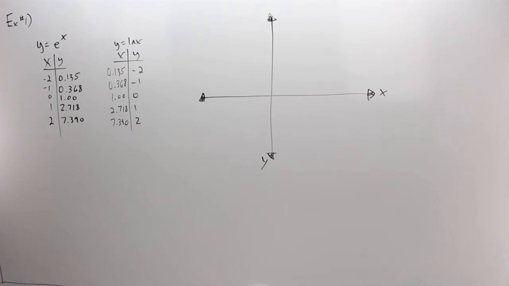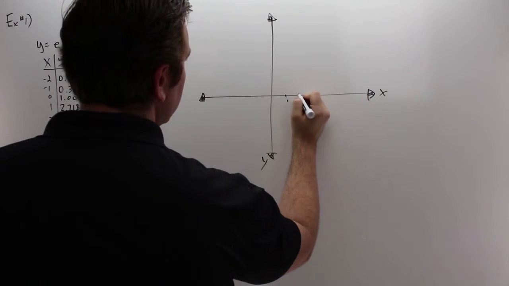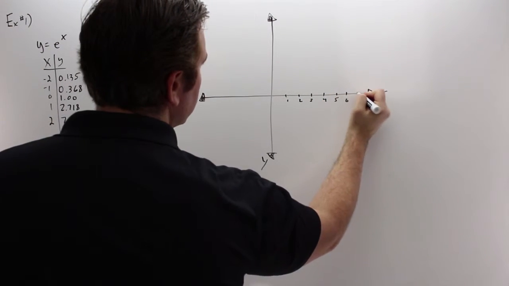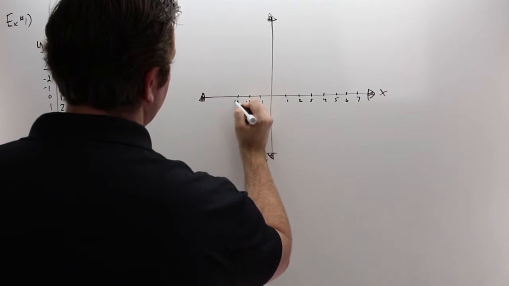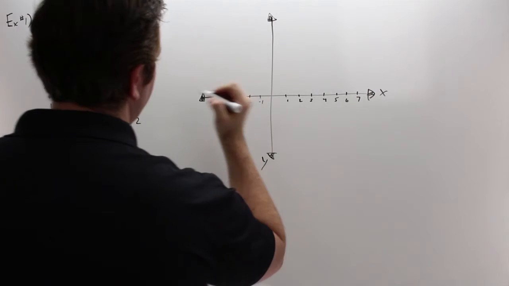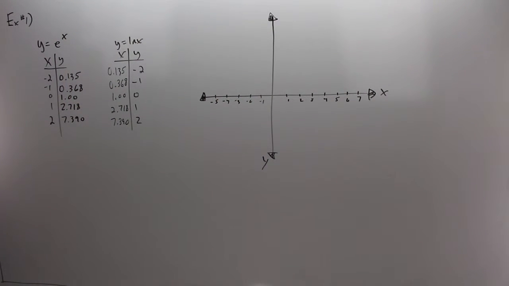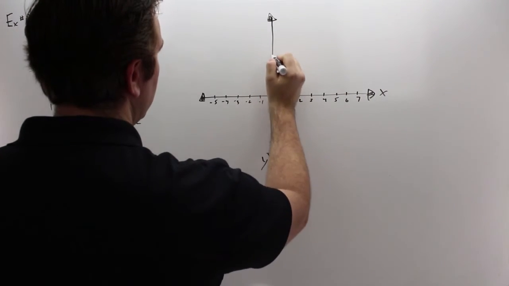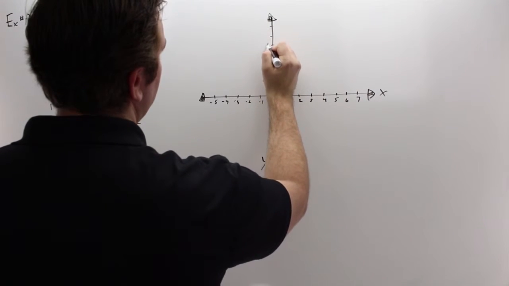I'm constantly saying that to students. So 1, 2, 3, 4, 5, 6, 7, -1, -2, -3, -4, -5. It doesn't really matter. We're only going to go to -2 there. And then our y's, we need them to get all the way as low as -2 and as high as 7. And I'm just going to label them every second one. And that's fine.